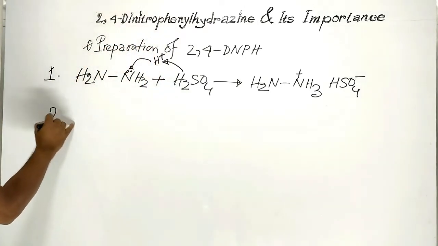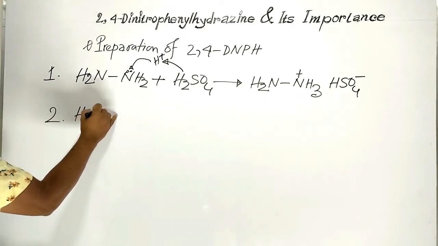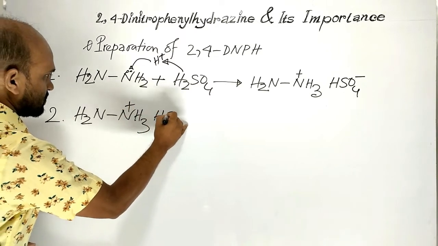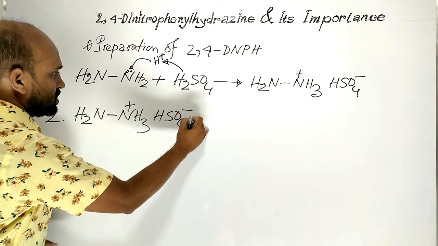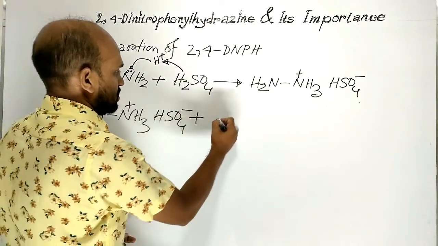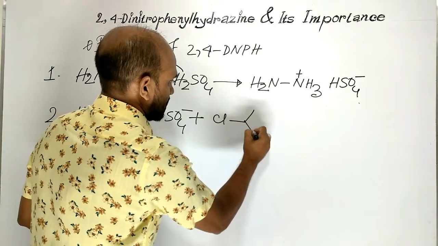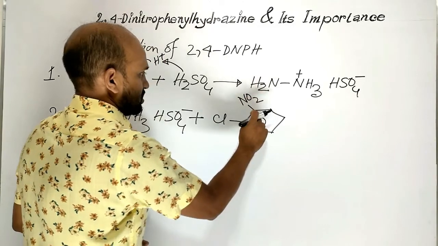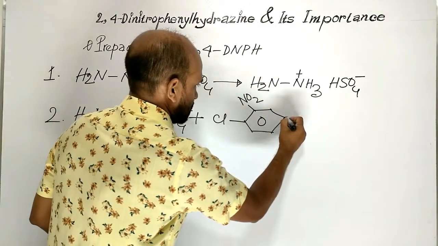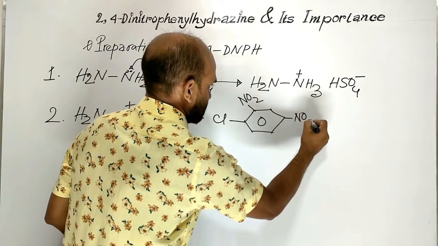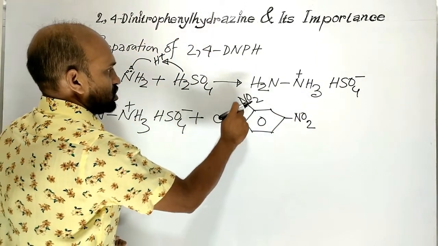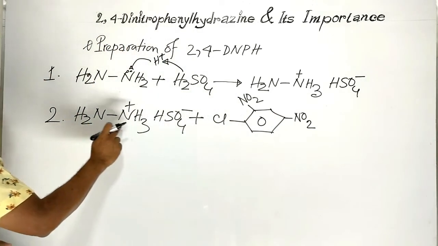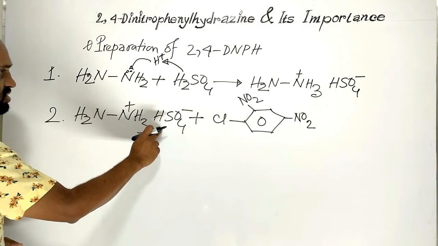Step 2, this hydrazinium hydrogen sulfate is treated with 2,4-dinitrochlorobenzene. At second position nitro group and at fourth position nitro group, which is 2,4-dinitrochlorobenzene. This is treated with hydrazinium hydrogen sulfate.